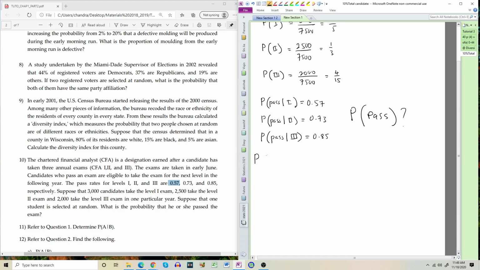I told you before, if you want the probability of a single item, single criteria, you need to plus all the related probabilities with that criteria. So pass and level 1, I don't have enough space here.